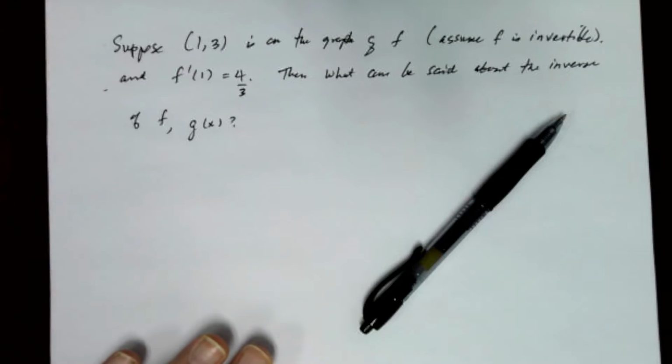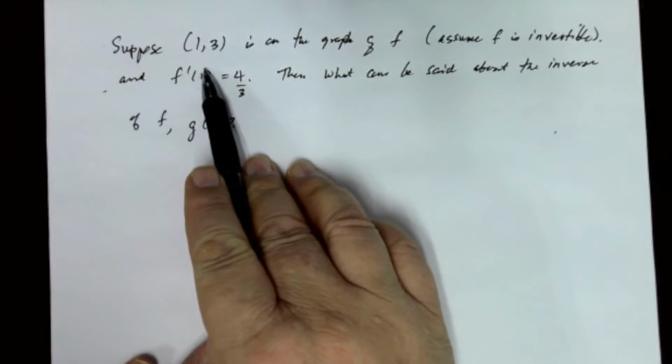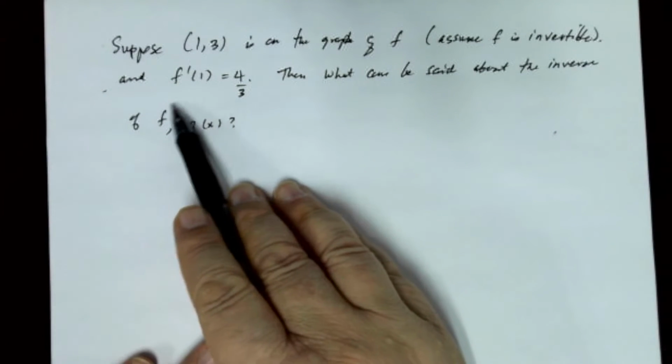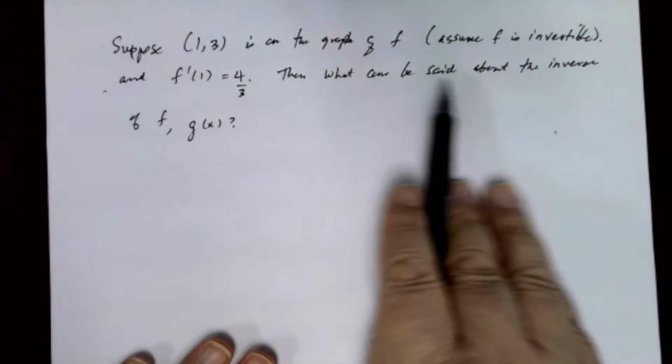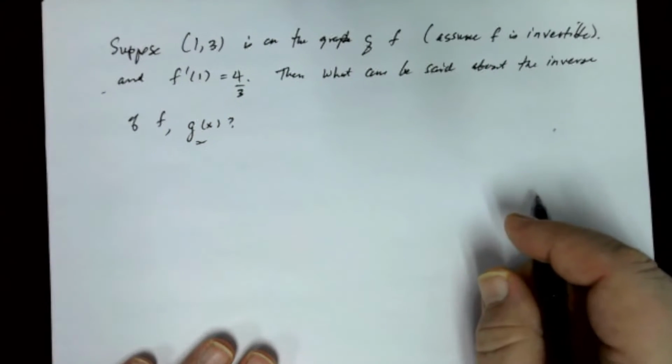All right, so continuing on here, I've just written up a quick example. Suppose that the point (1, 3) is on the graph of f, and we assume that f is invertible, and in particular, f prime of 1 is 4/3. Then what can you say about the inverse of f if we call it g of x?